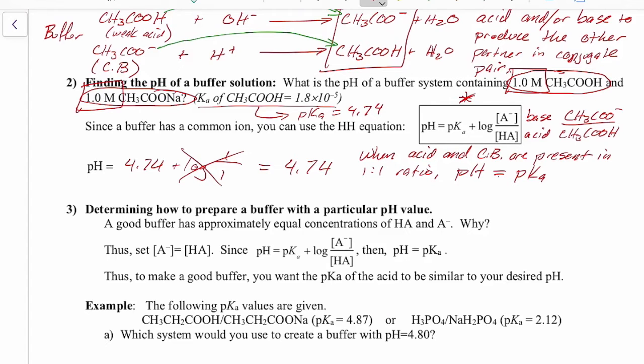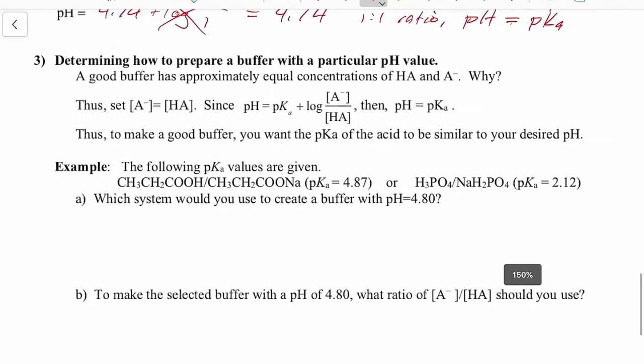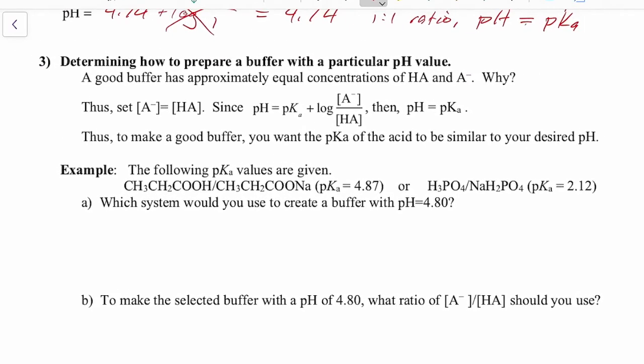Now, in some cases, you've got to be able to prepare a buffer that has a specific pH value. So when you pick your pair, what you have to do is find a pKa that has roughly that pH value.